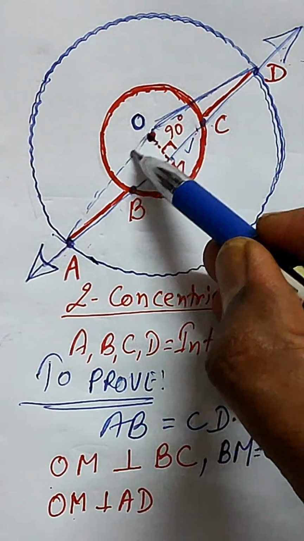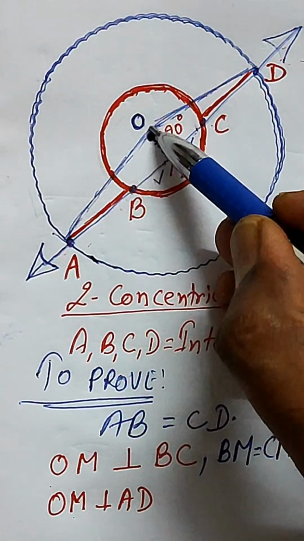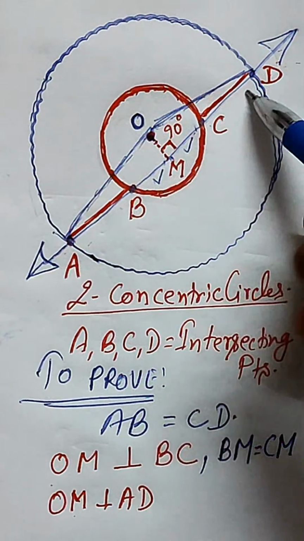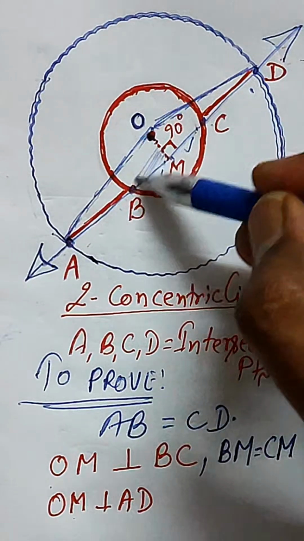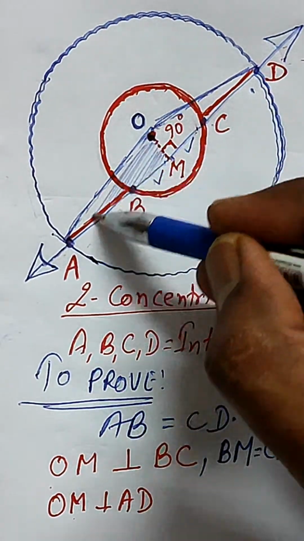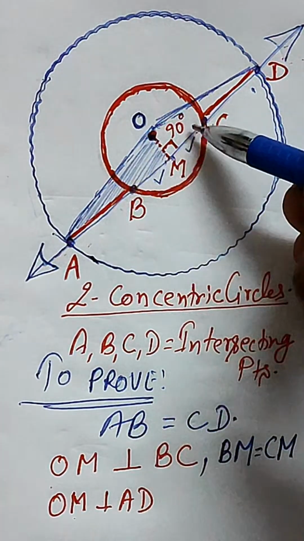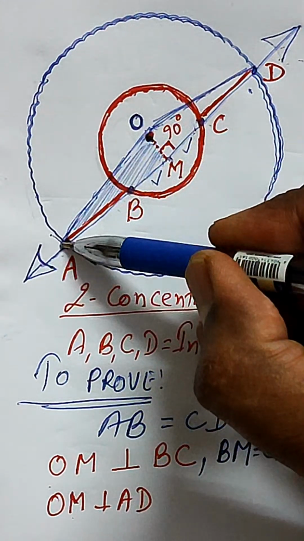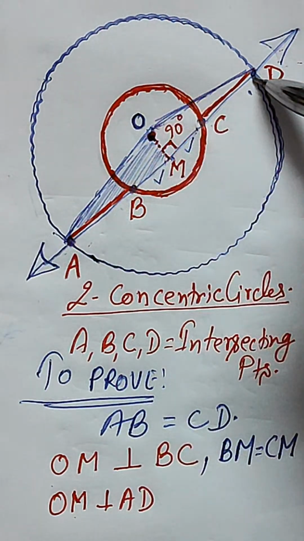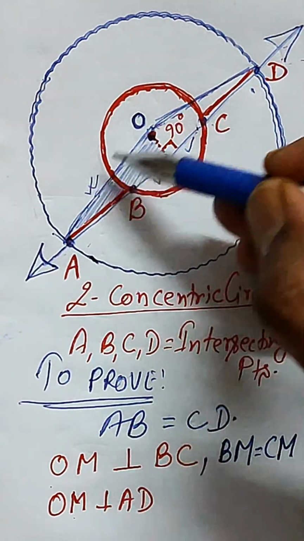If you connect O to A and O to D, you can see two triangles are formed here. This is one and another one. Here you can see OA is the radius and OD is the radius.